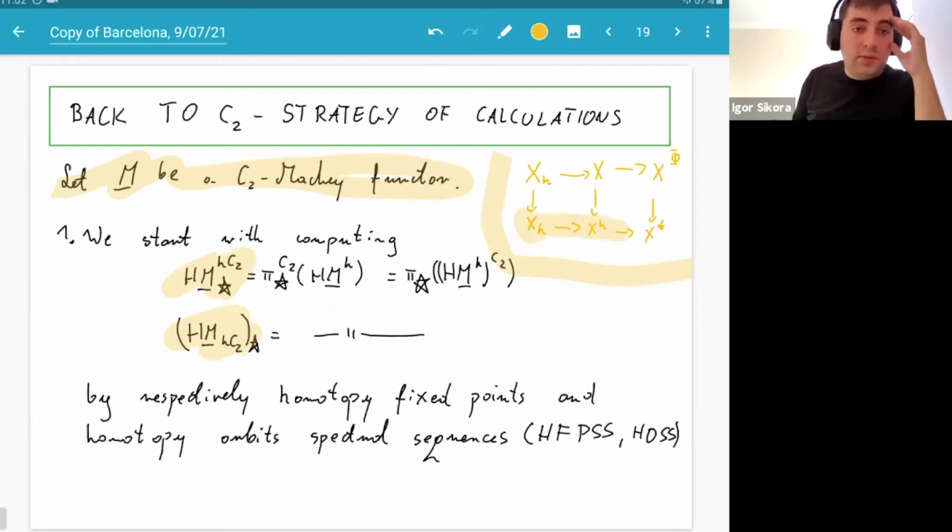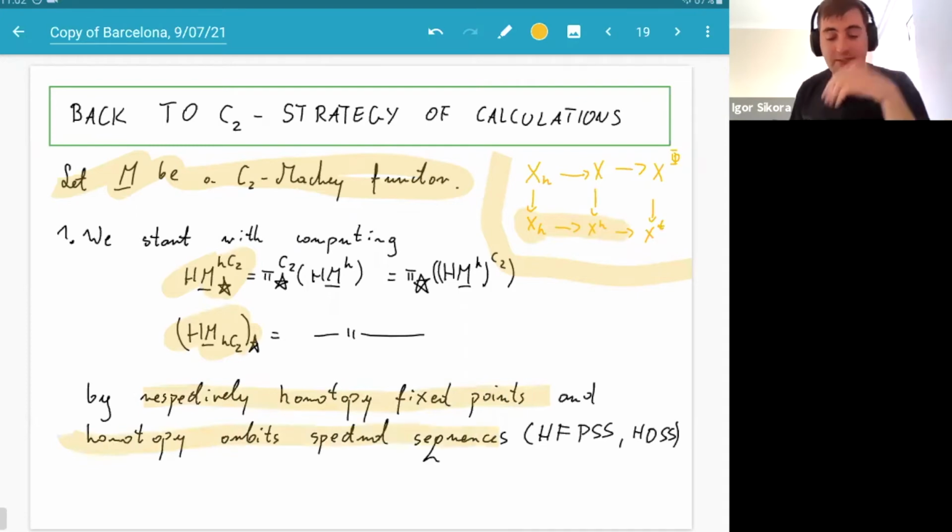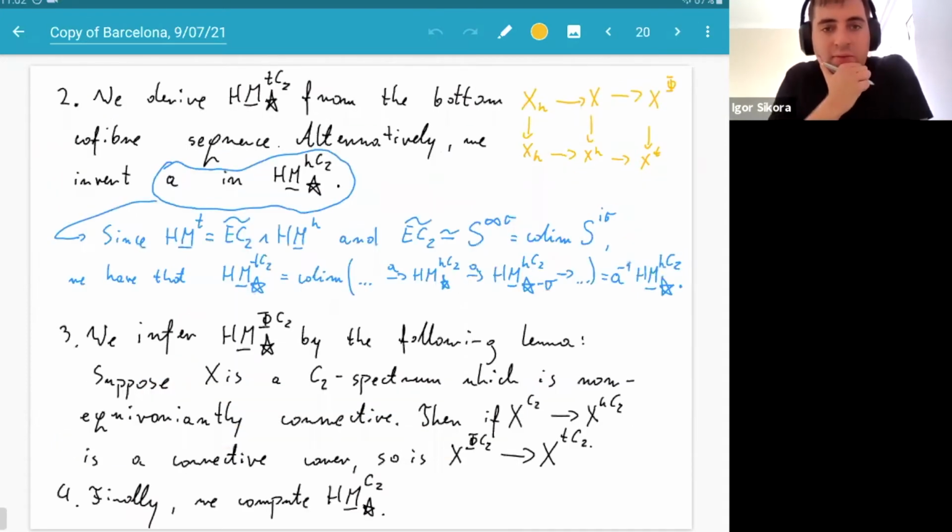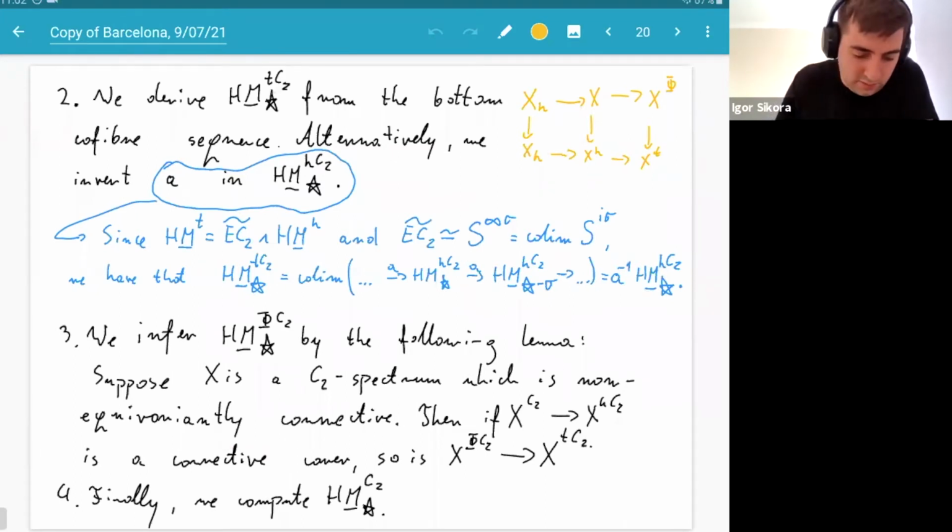We will do this by the homotopy fixed points and homotopy orbit spectral sequences, respectively. Next, we will derive from the bottom cofiber sequence the coefficients of the Tate spectrum, or alternatively, we can just invert the class a in the coefficients of the Borel completion.